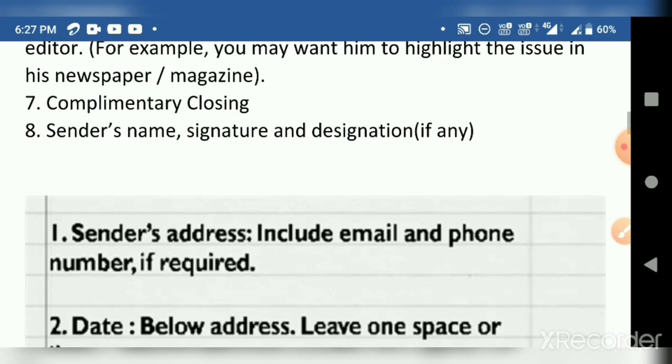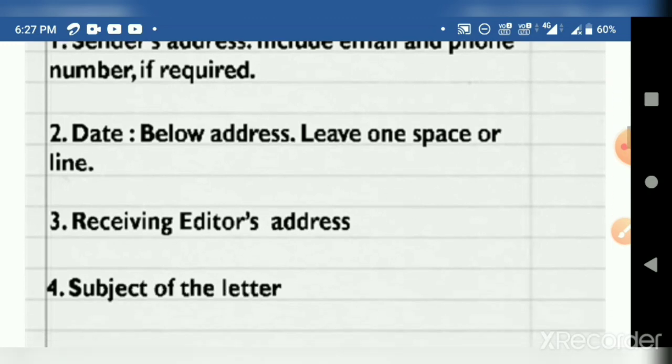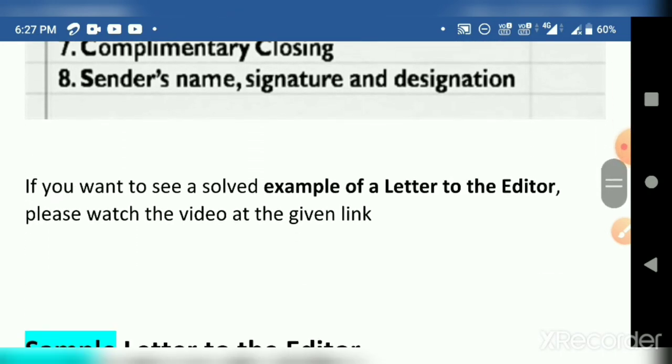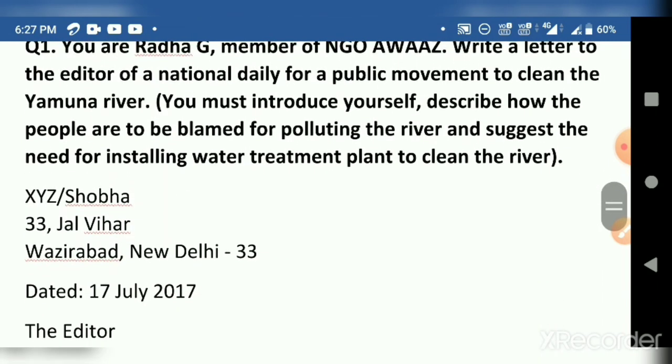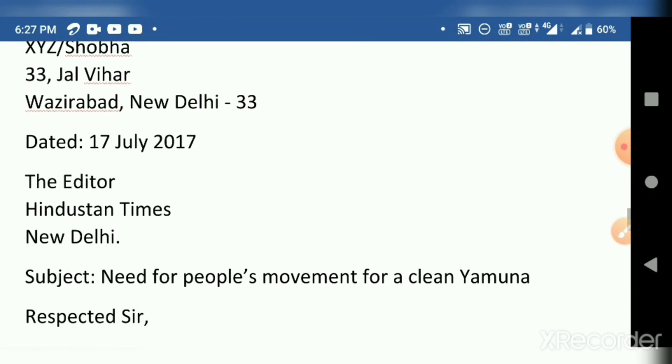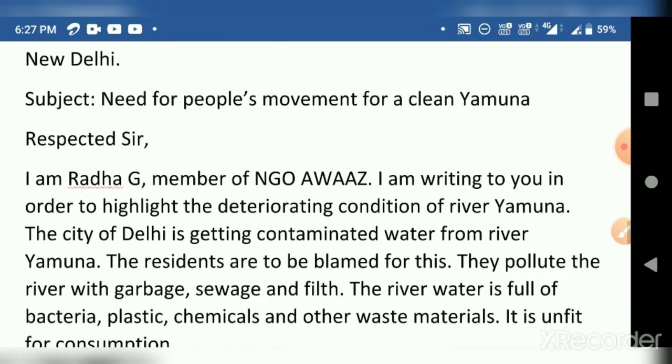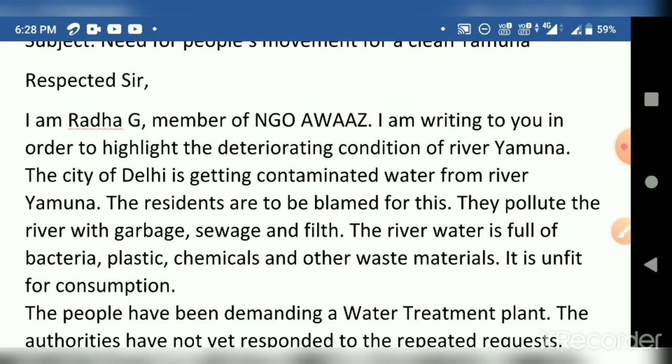Now we have an example in the form of a PDF file. This is the format and sample, one of the questions where I am supplying the notes. In this you will find a letter written to the editor by Shobha of Jal Vihar, Wazirabad, New Delhi 33, dated 17 July 2017, to the editor, Hindustan Times, and the subject, then respected sir, and this is the introduction, and why she is writing, the matter is written in the beginning itself.